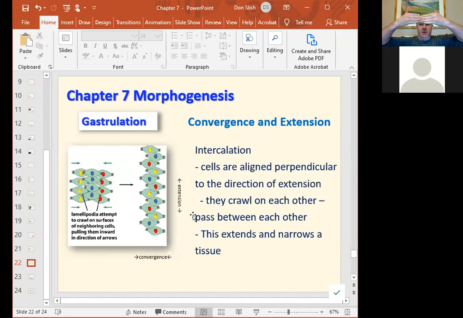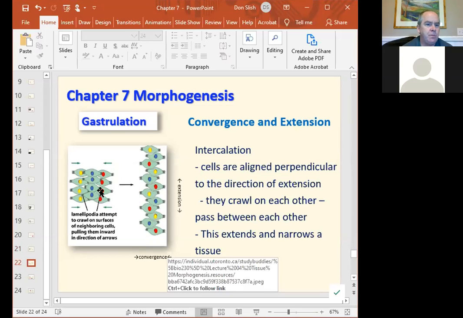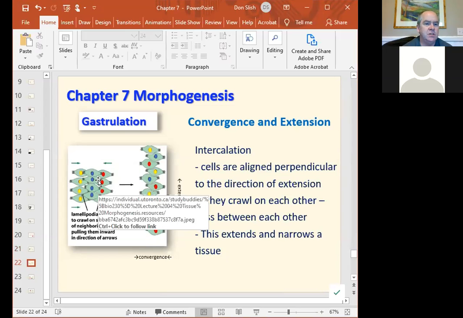They go from flat to long, and you can see them mixing amongst each other. This is called intercalation.